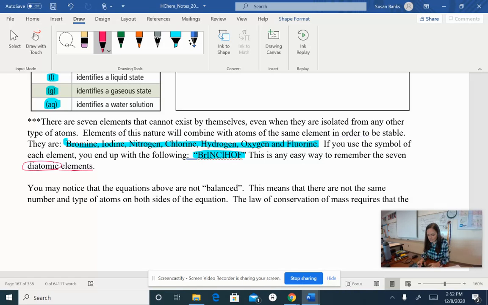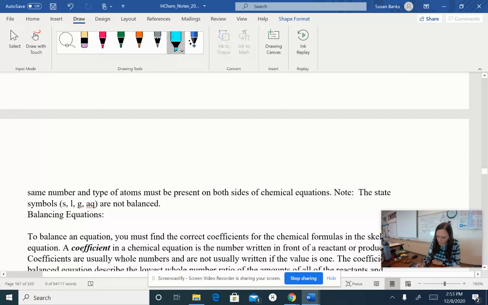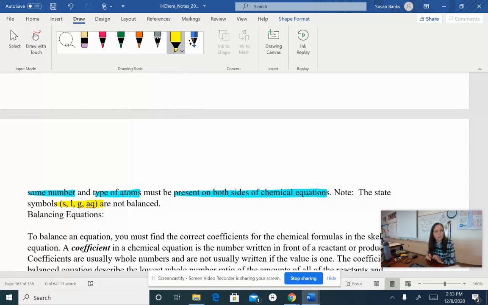So that means I have to have the same number and type of atoms present on both sides of a chemical equation. Okay? We do not balance the state symbols. Those are basically ignored when we're balancing equations. But what we do pay attention to is the elements and how many of each are on each side.